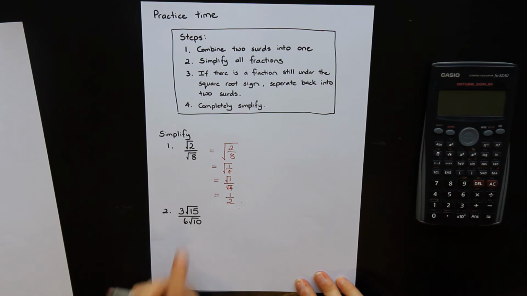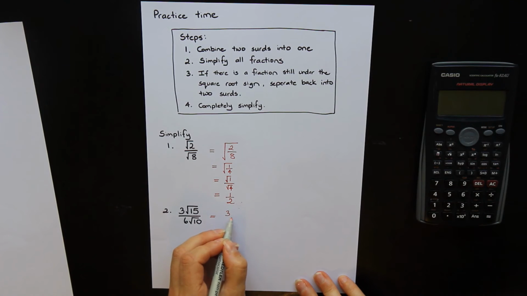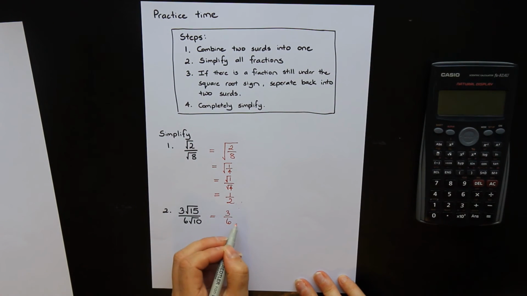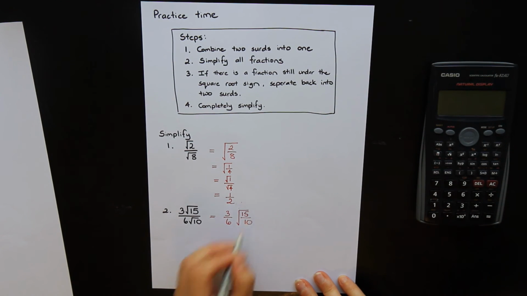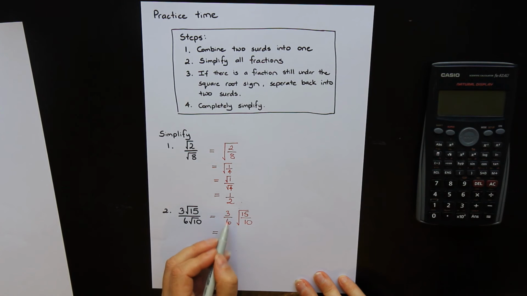Let's try the second question. Do the same steps again. Let's separate our 3 over 6 out the front so that we can change our 2 surds there into one big giant one. 15 over 10. Then simplify all the fractions. So 3 over 6 we can divide by 3 top and bottom, giving us a half.